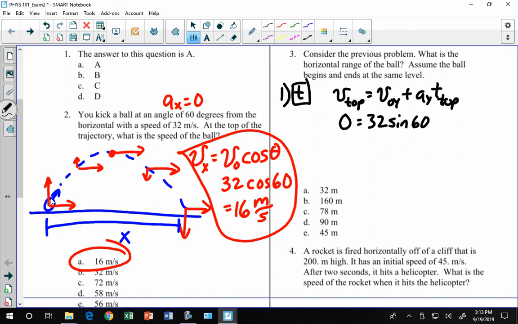So whenever you do that, you use the initial velocity and then the sine and cosine of the angle? That's right. And that gives me my y component. Minus 10 times t top. And let's see, what's 32 sine 60? The calculator doesn't work very well.